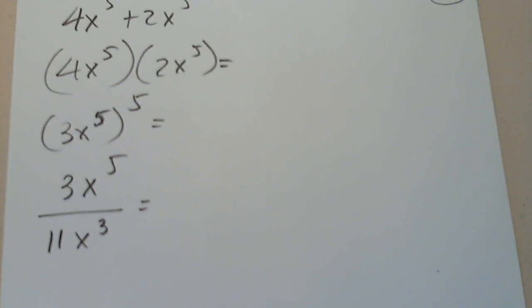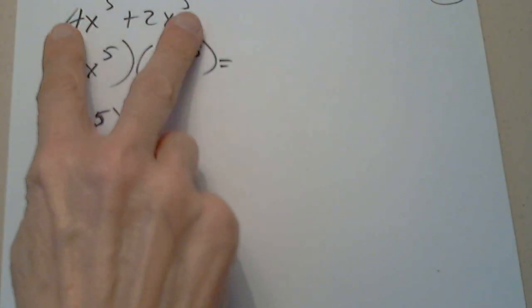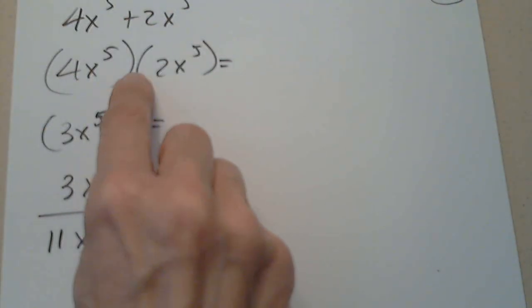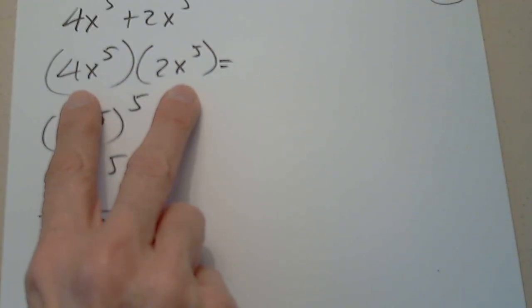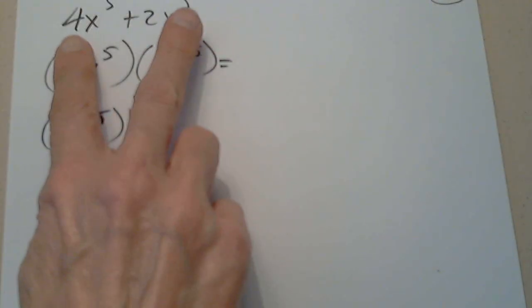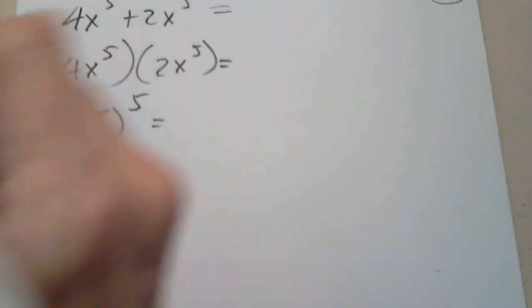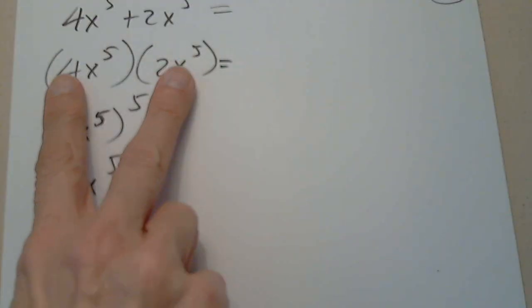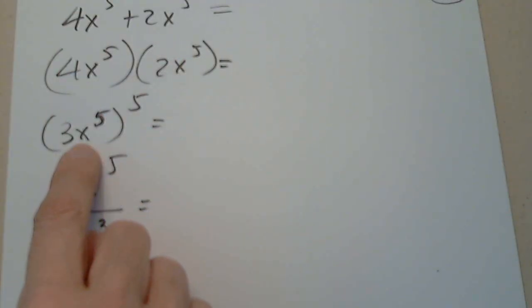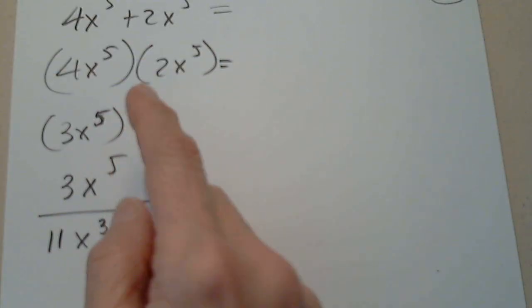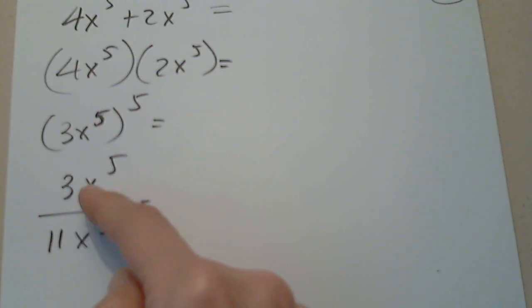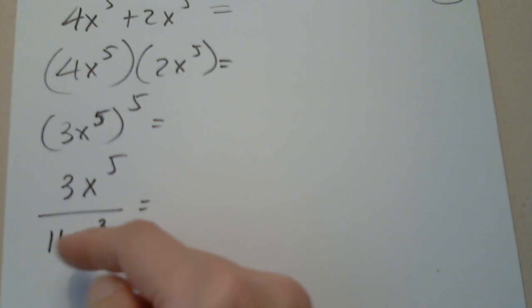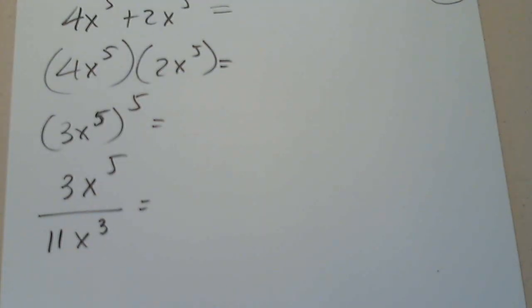Obviously, they're all different. Here I have a sum of terms. Here I have a product of factors. Again, sum of terms. Product of factors. Here I have a term raised to a power. And here I have division of two terms. So, what do we get on the first one? 6x to the 5th?